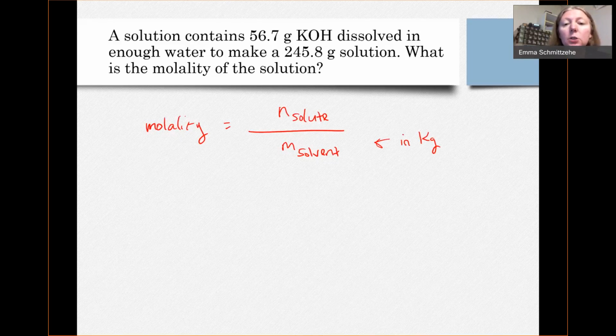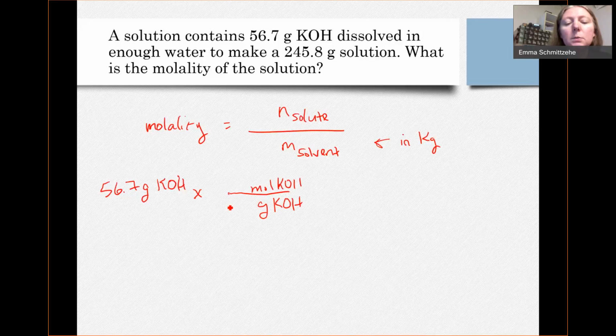So do we have moles of solute? Well, not exactly. We have grams. We have 56.7 grams of KOH, and we can convert those grams of KOH to moles of KOH using 56.11 grams per 1 mole. 56.7 divided by 56.11 gives us 1.011 moles.